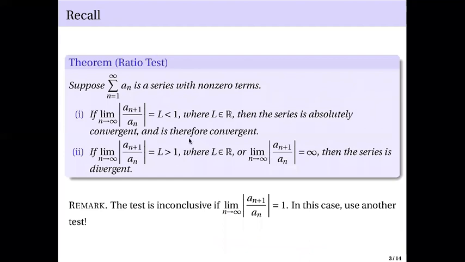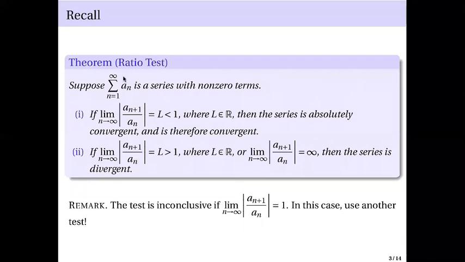Next theorem, we have the ratio test. Okay? So suppose now we have a series an with non-zero terms. If the limit of the absolute values of the ratio a sub n plus 1 over a sub n is a real number that's less than 1, okay, then this series here is absolutely convergent.